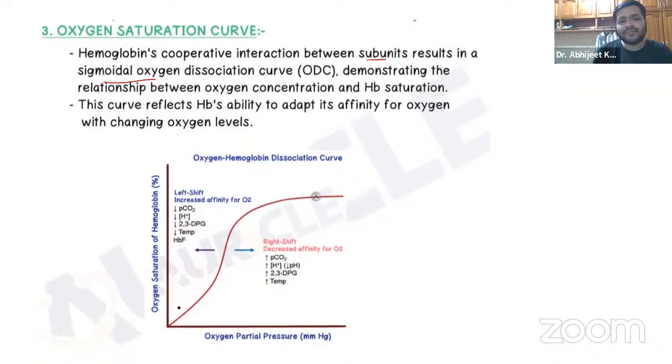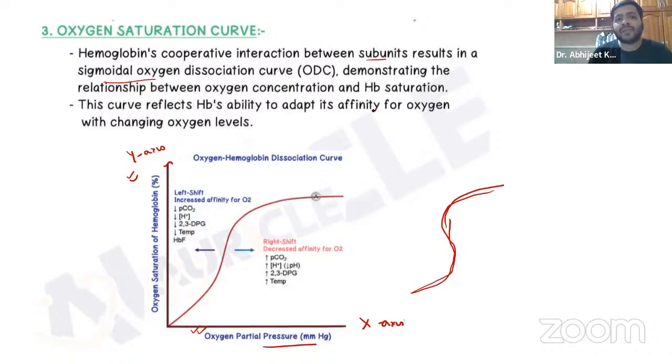We are plotting the oxygen partial pressure on the x-axis, and on the y-axis we are taking the oxygen saturation of the hemoglobin. So remember, the resulting graph is a sigmoid shaped graph.